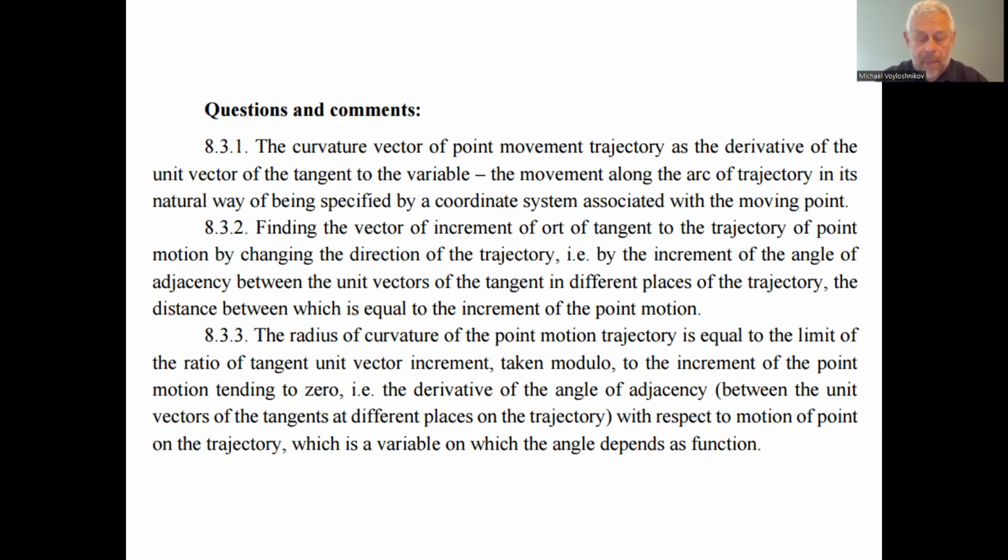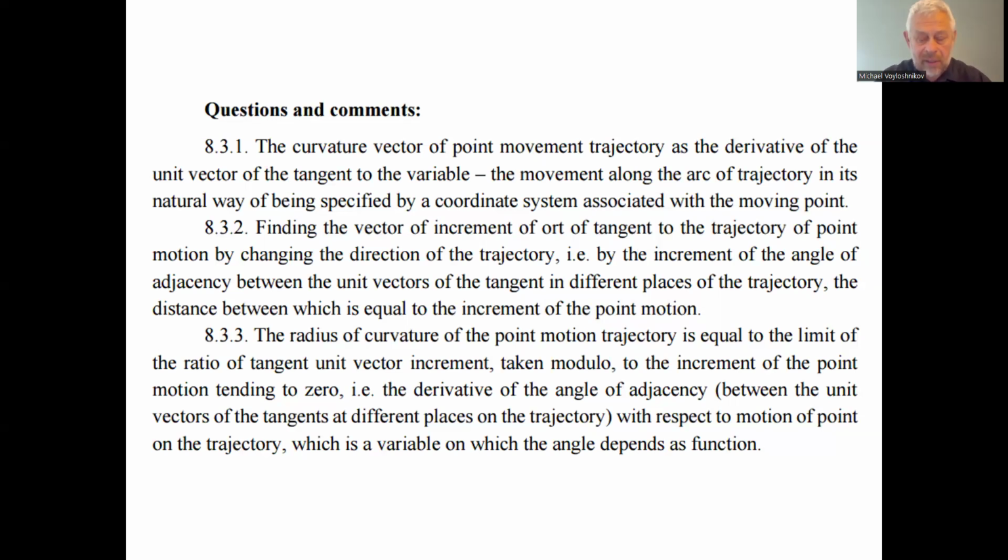Next, we found the curvature of the trajectory, considering the dependence of the adjacency angle and the length of the arc when the point moves along the curvilinear trajectory.